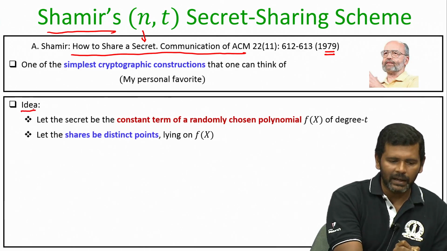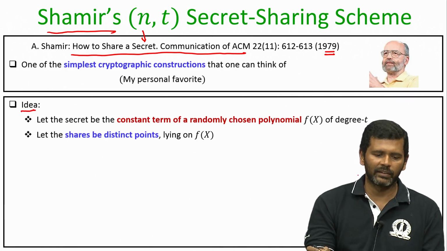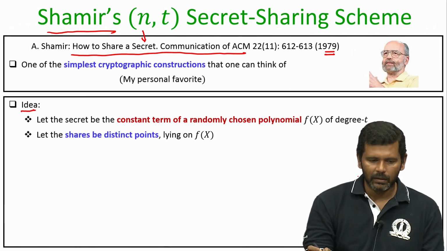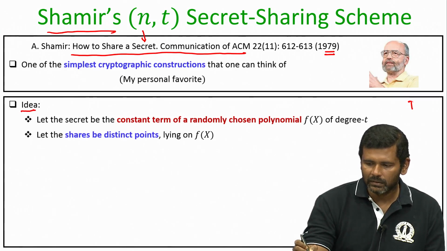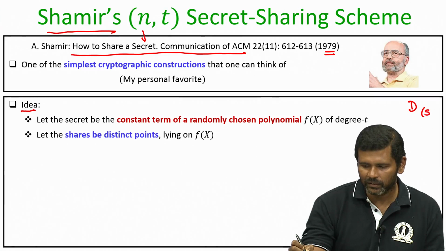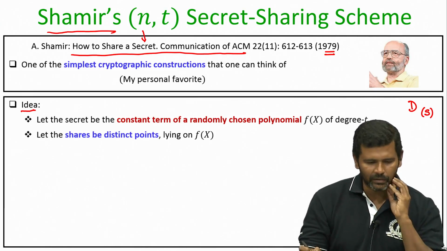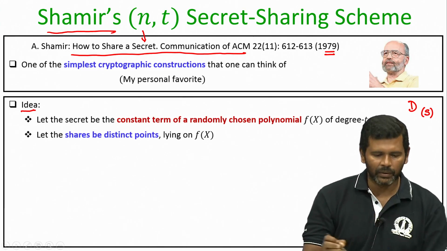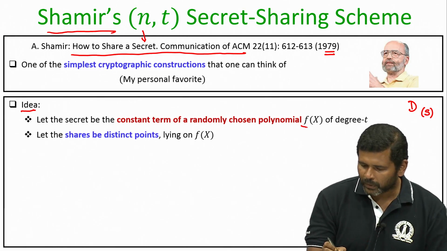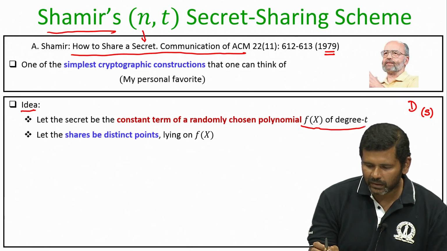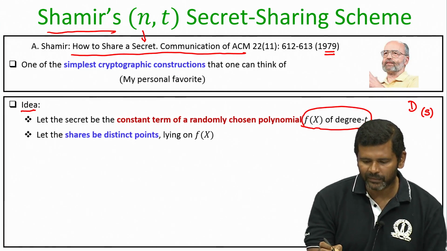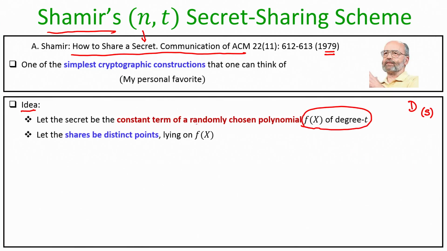So, the idea behind Shamir's secret sharing scheme is the following. Imagine the dealer has this secret S. To share the secret S, what the dealer can do is pick a polynomial of degree t, say in variable x, and it will be a random polynomial chosen by the dealer.